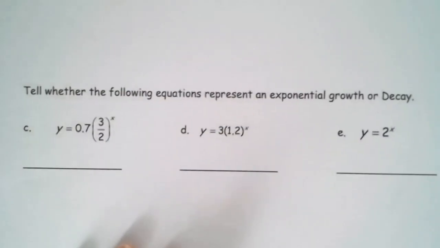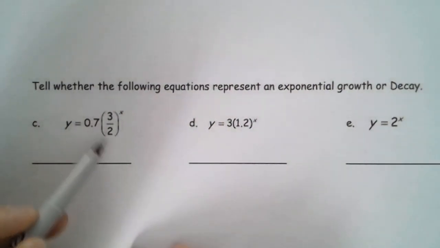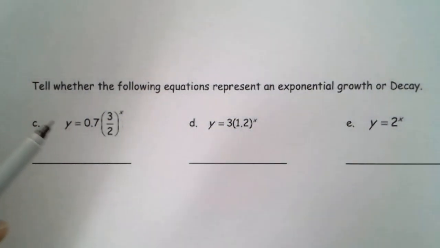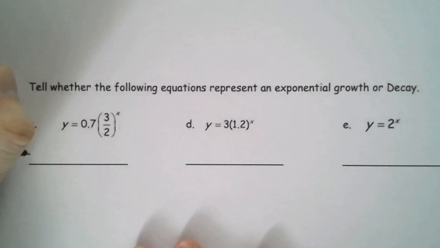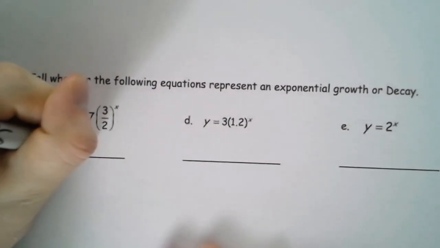And we should also be able to tell just by looking at our equations without actually making any tables here. So this is our b value right here, 3/2. If you convert that to a decimal, it's 1.5. So that is larger than 1. B is larger than 1. 3/2 is larger than 1. So this is growth.